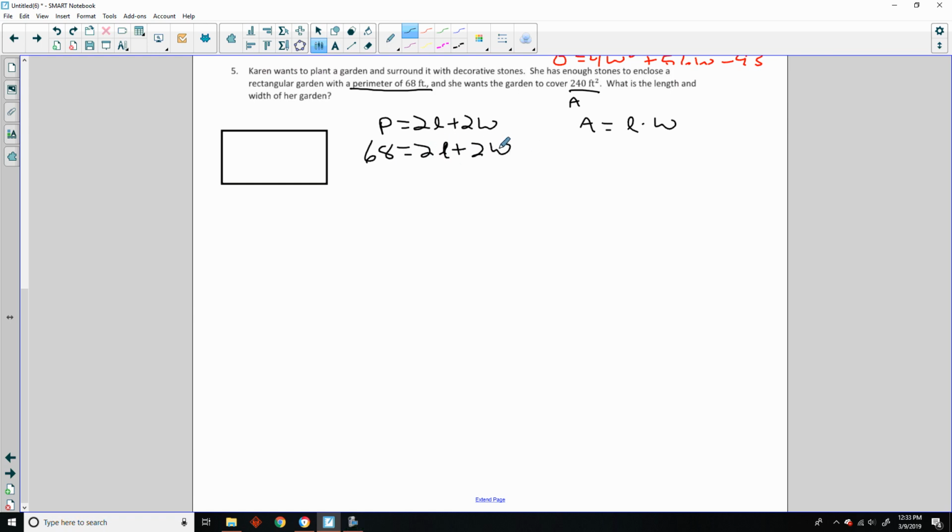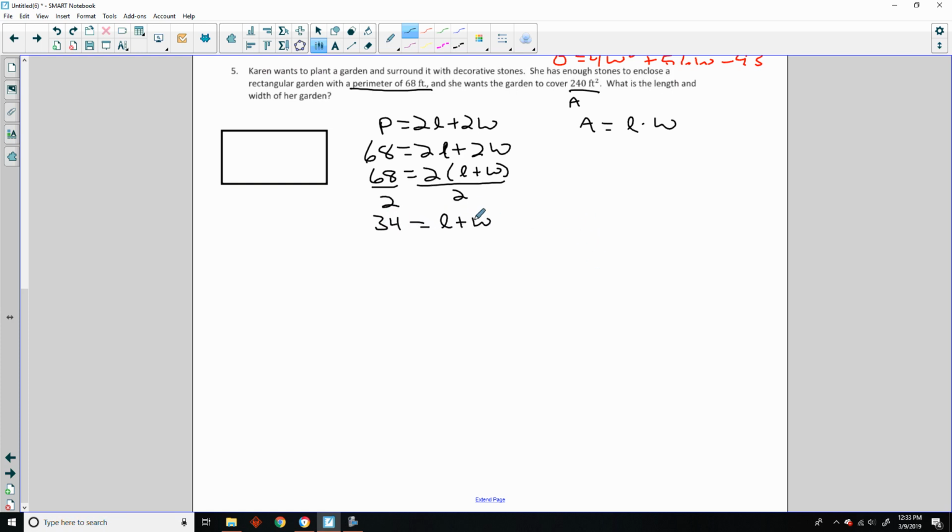Now we have two terms here, and they both have a common factor of 2, so I can factor that out. So 68 equals 2 times L plus W. Now I want to divide both sides by 2, and I get 34 equals L plus W.